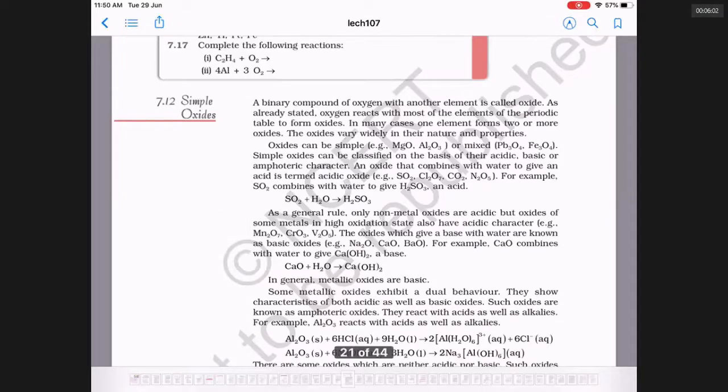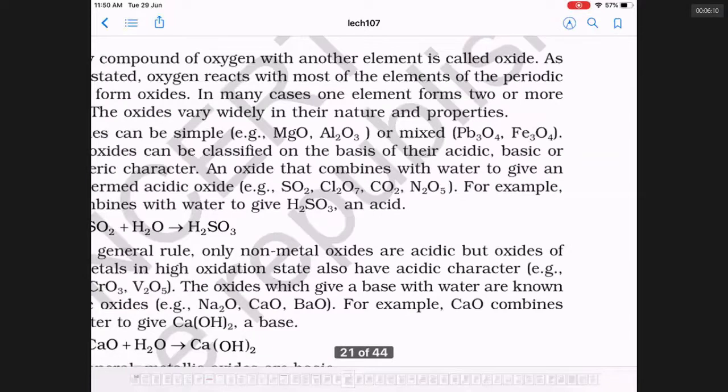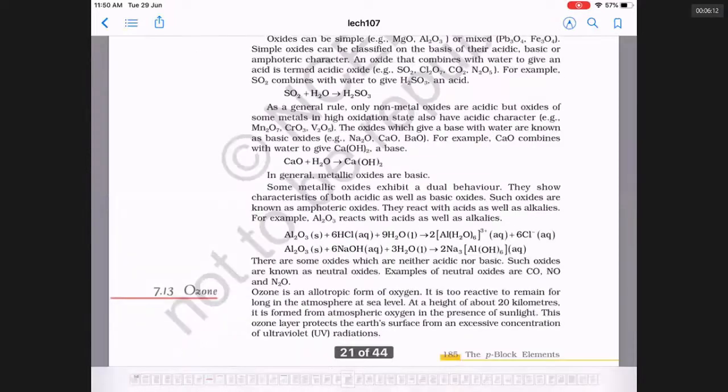Fourth, mixed oxides. They are actually mixtures of two different oxides like Pb3O4, Fe3O4. So this is a note on oxides. Acidic oxide dissolves in water to give acids. Basic oxide dissolves in water to give bases. Amphoteric oxides like Al2O3, ZnO, beryllium oxide react both with acids as well as with bases.